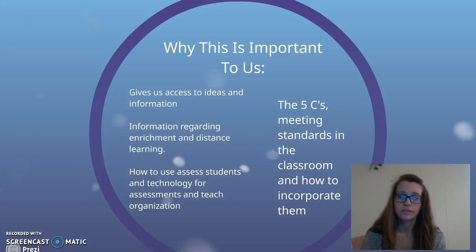Also, this tells you how to use assessments for students and technology for assessments, and it also teaches organization. And lastly, it tells us about the 5 C's and how we can meet these standards in the classroom and how to incorporate them.